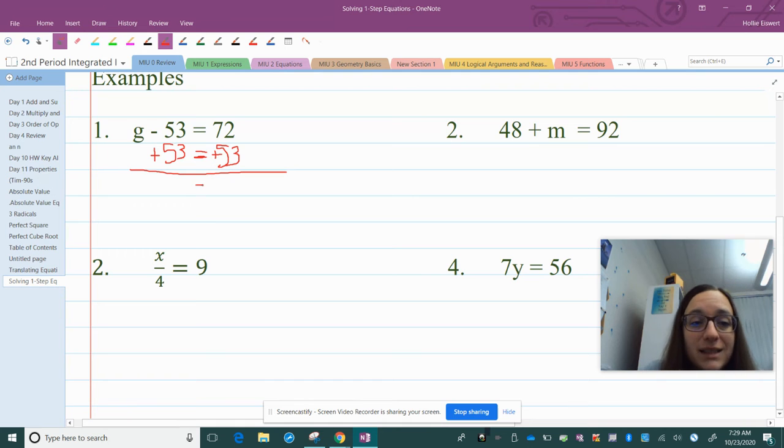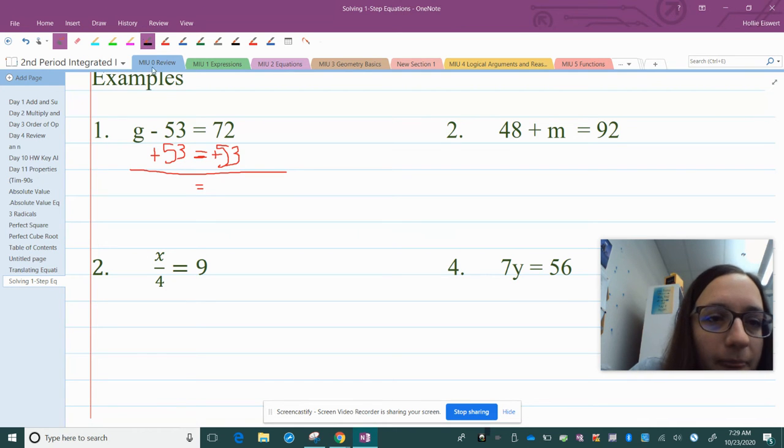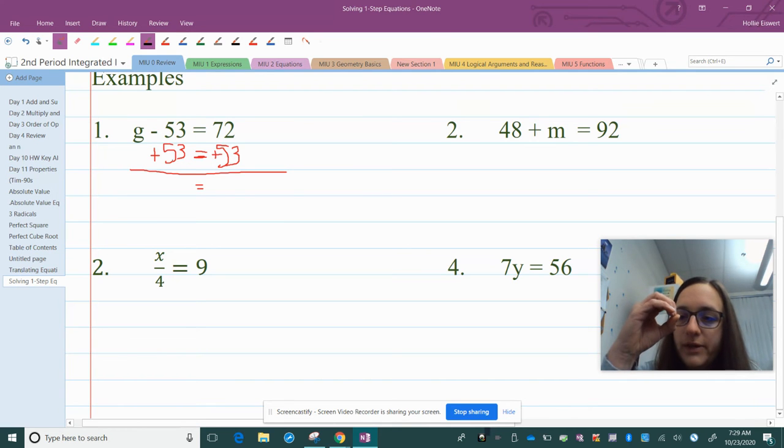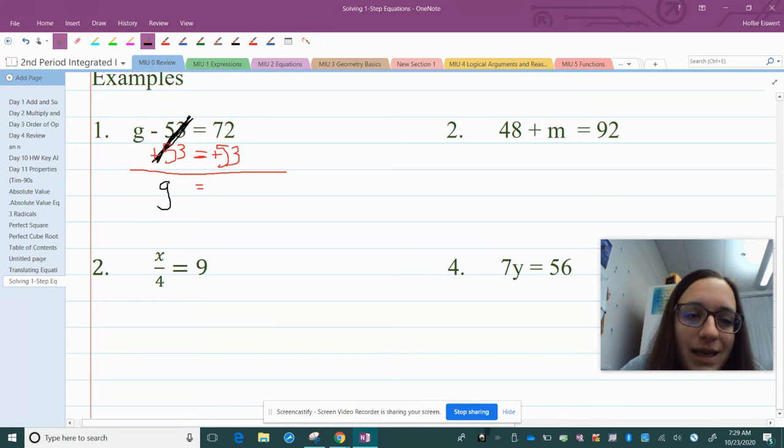Now, what that does is negative 53 and positive 53 go to 0. Anything plus 0 is itself. So in theory, those are gone. The only thing left over here is g. Isolated. There it is. g equals, and then we do the math. We're adding 2 plus 3, 5, 7 plus 5, 12. And we know g is equal to 125.